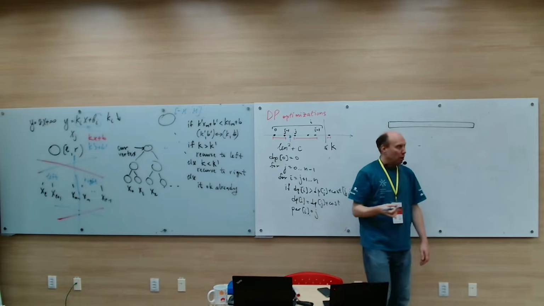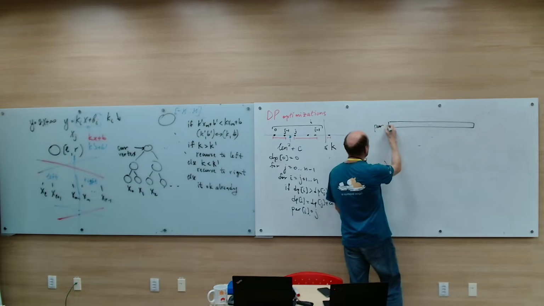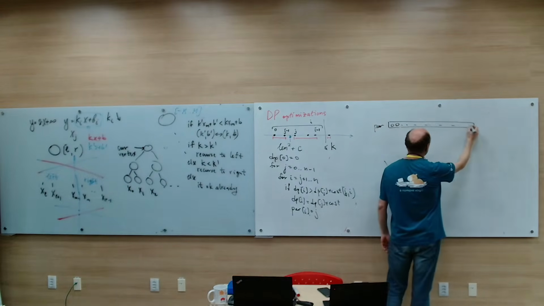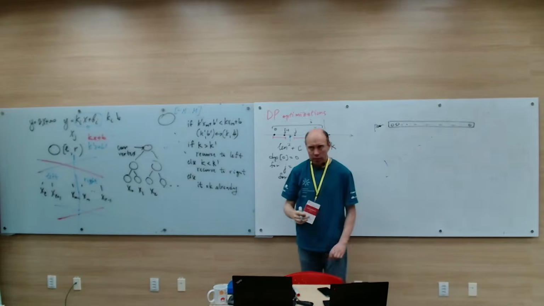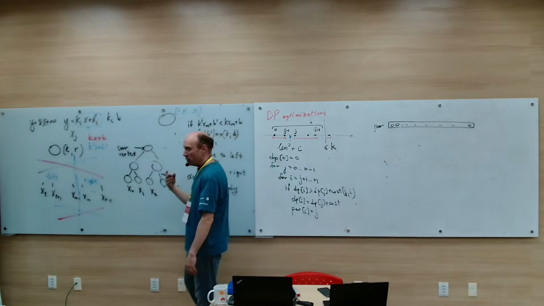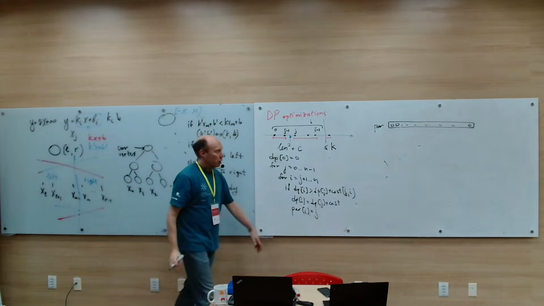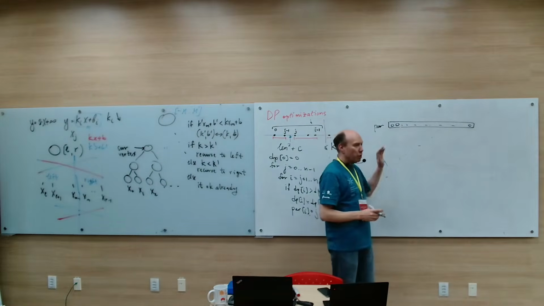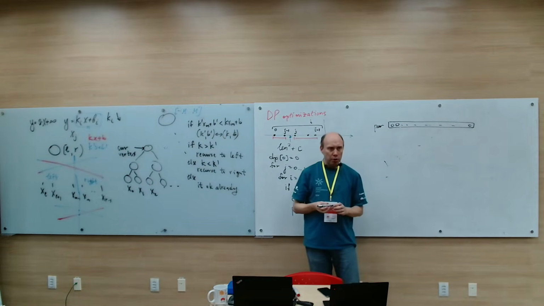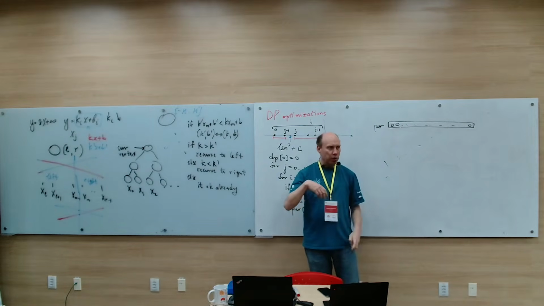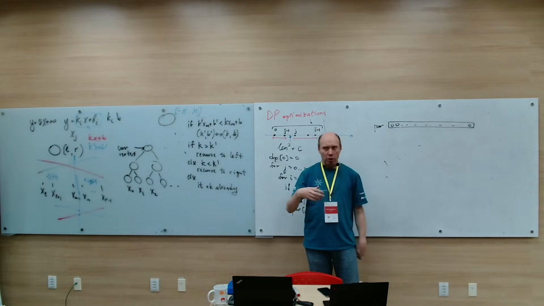So this parent array will be filled with zeros, like this. But what goes there? When we are trying to go from 1, for some points it will be optimal to go from 1, and for some points it will still be optimal to go from 0.